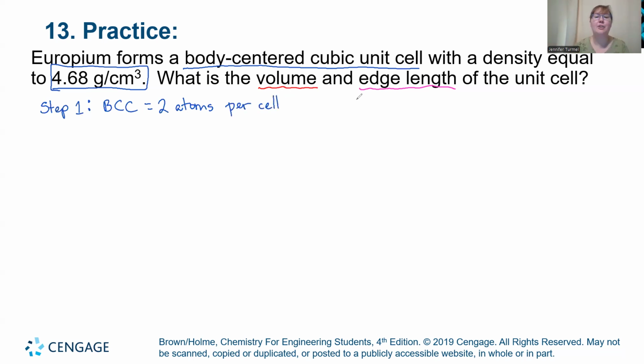Now, our step 2 is to find the molar mass of our element. If you look on the periodic table, you will see that europium has a molar mass of 151.96 grams per mole.